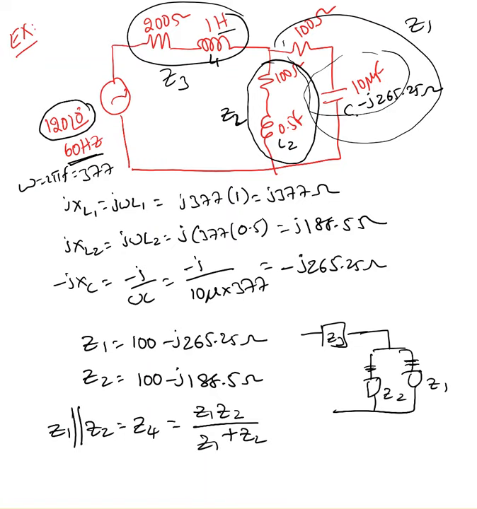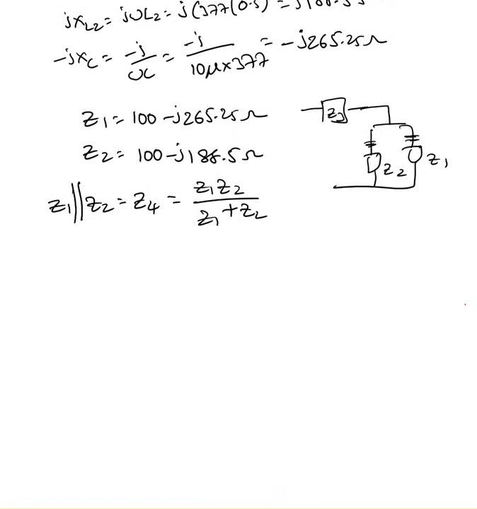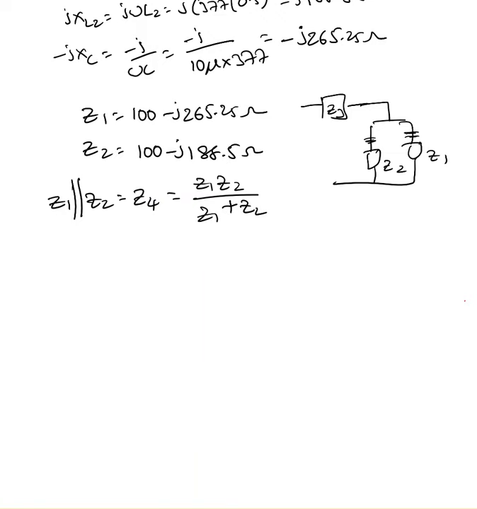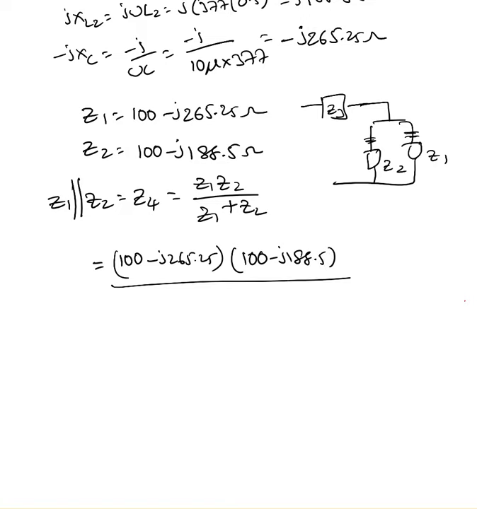It's just like resistors. Once everything is in frequency domain, impedance is nothing but a resistance in ohms, but with complex number. So this value 100 minus j 265.25. Here we are dealing with complex numbers, so that's a little bit difficult part. We may need to convert them into polar form, rectangular form, many times.